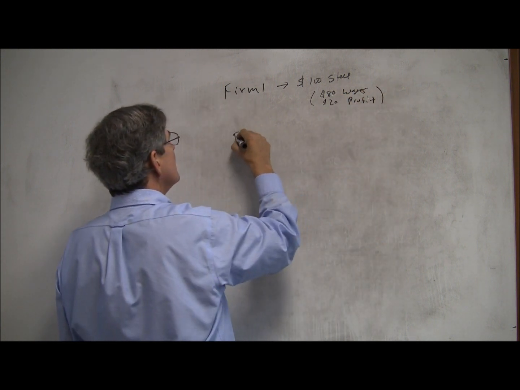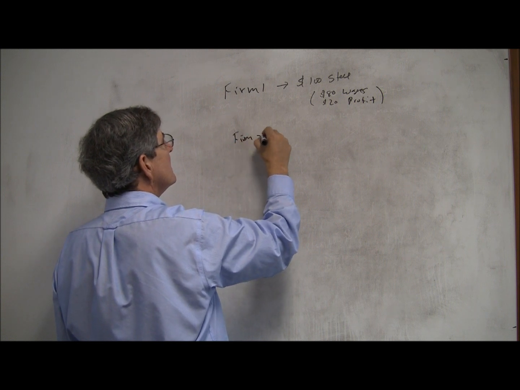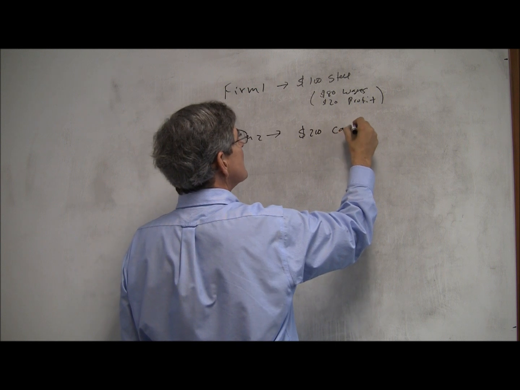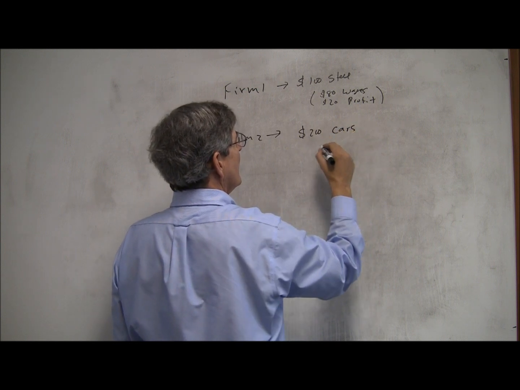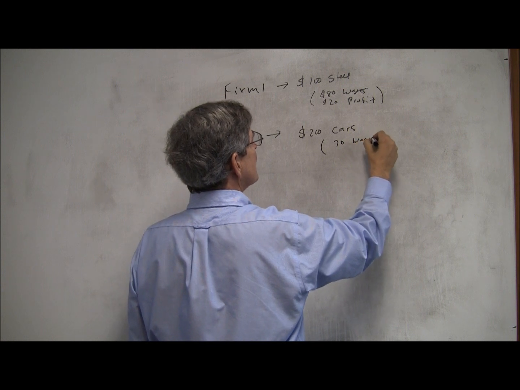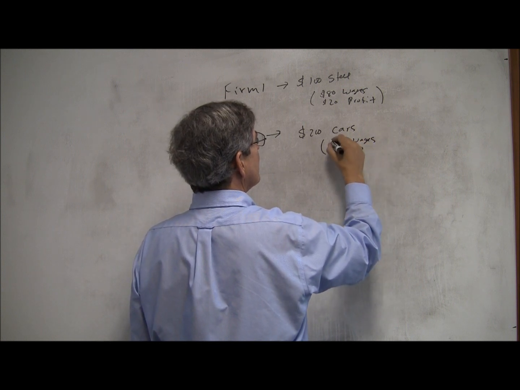Firm 2 produced 200 in cars, and of that it had 70 in wages and 30 in profit.